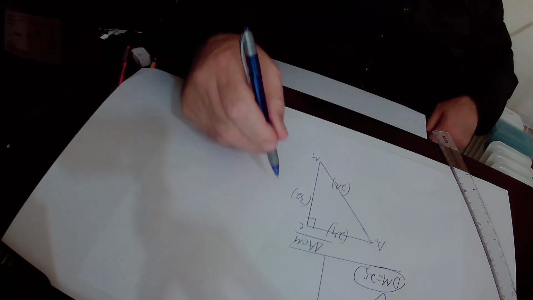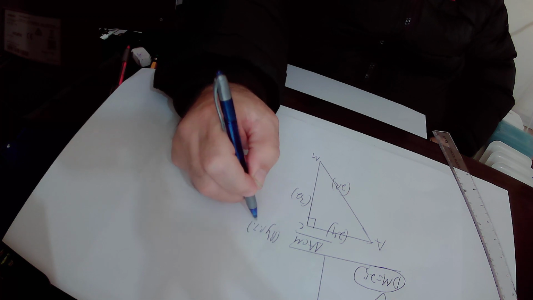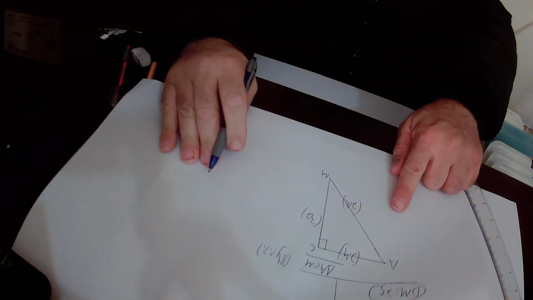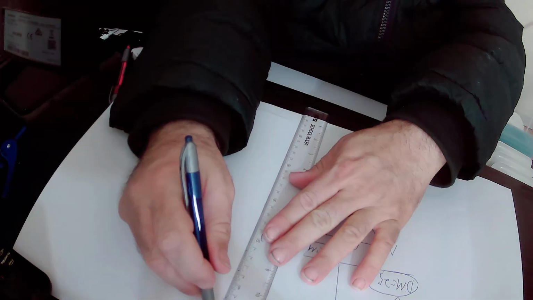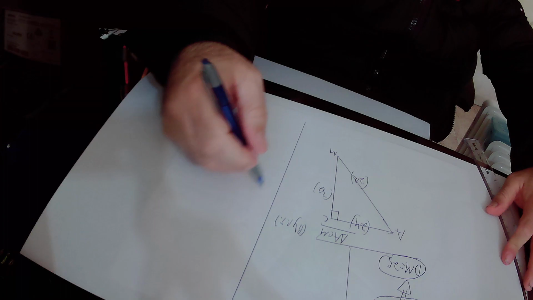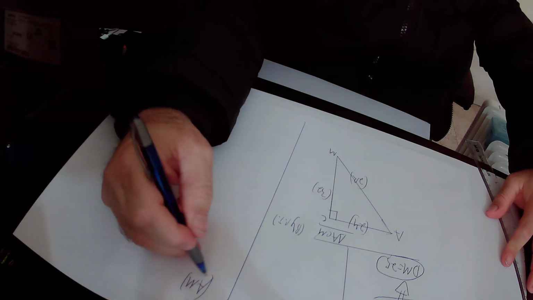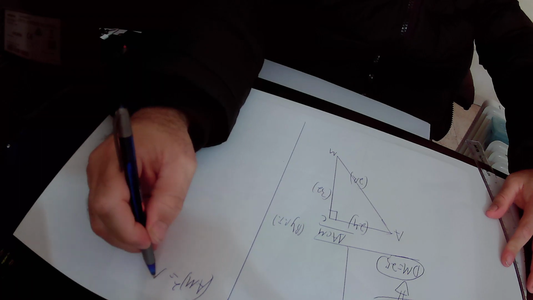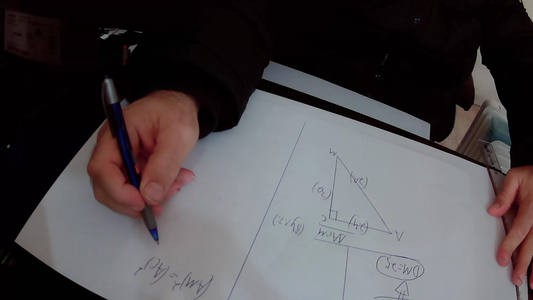We'll implement here the Pythagoras theorem, PT for Pythagoras theorem. According to the Pythagoras theorem, in this right triangle ACM, we get that AM squared, the square of the hypotenuse, equals AC squared plus CM squared.